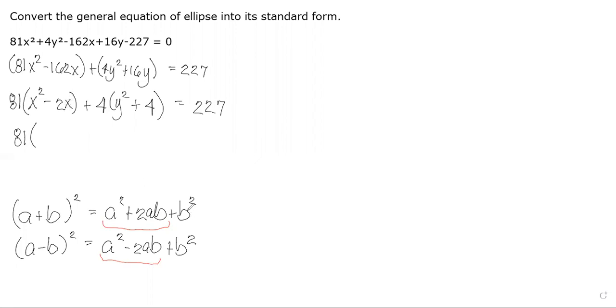Then ang idadagdag natin para maging perfect square siya ay square nung b. So x squared minus 2x, ano yung idadagdag natin? Square ni b. Yung b natin ay 1, then 1 squared, that's just 1.